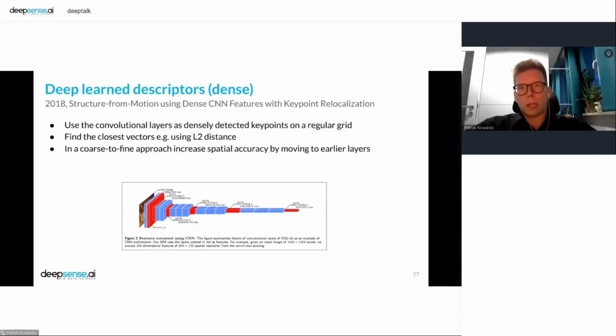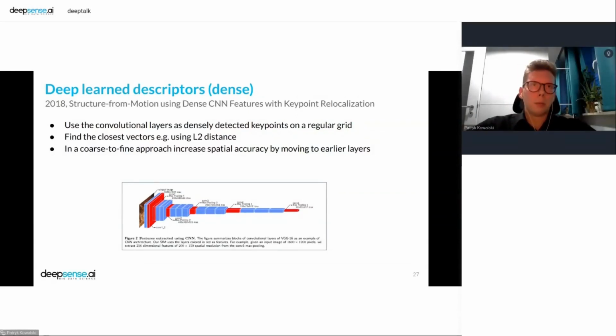We start with the most abstract convolution layer, the fifth one in this image, and we look for the closest descriptors between two images in this layer. Once we find a good potential match, we can go in a coarse-to-fine approach to the previous layer and the previous layer to increase the spatial accuracy and the resolution. This idea was used in a Structure from Motion paper from 2018.